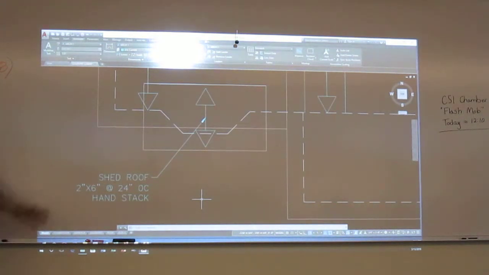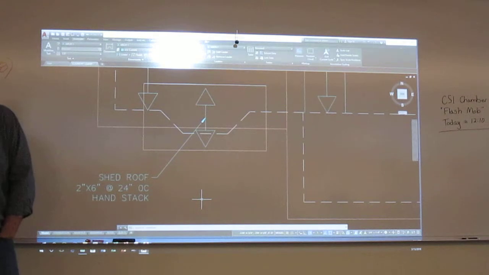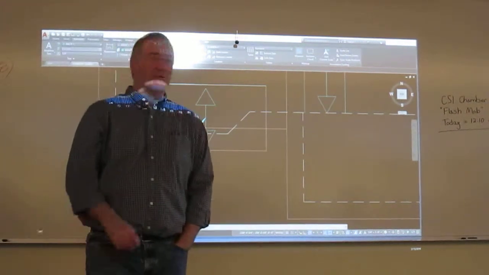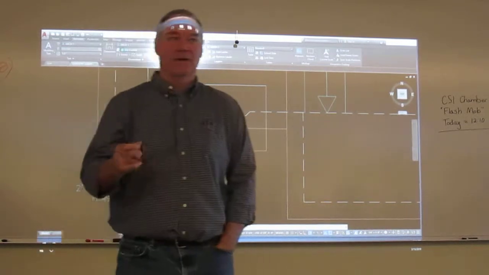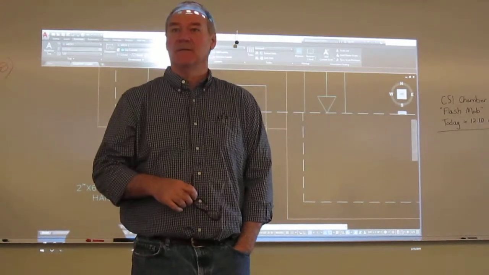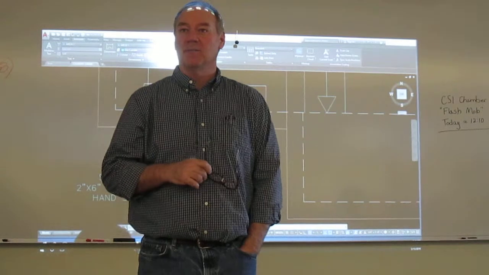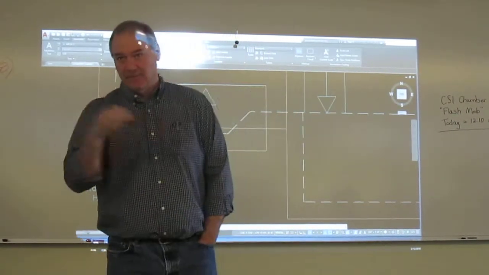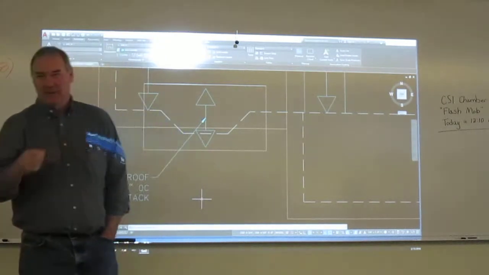There's a lot on here we're not going into that you would in a commercial building. We haven't drawn any window jambs. In commercial, you're gonna draw every single one. We haven't drawn any molding that we're gonna put in the house. They're just gonna pick whatever they want and put it in there. That's gonna happen between the general contractor and the client. We're not really in that picture.